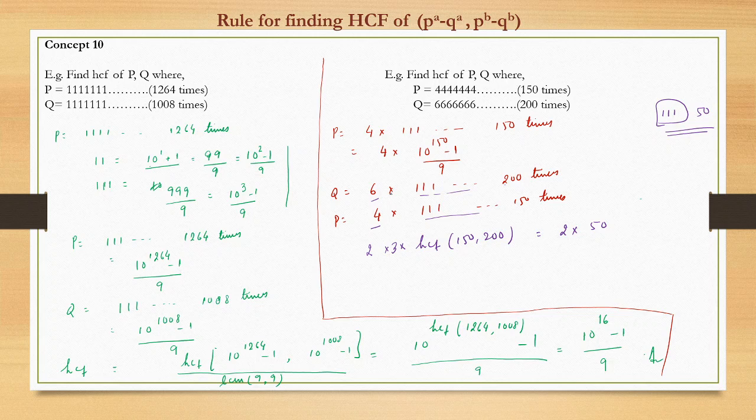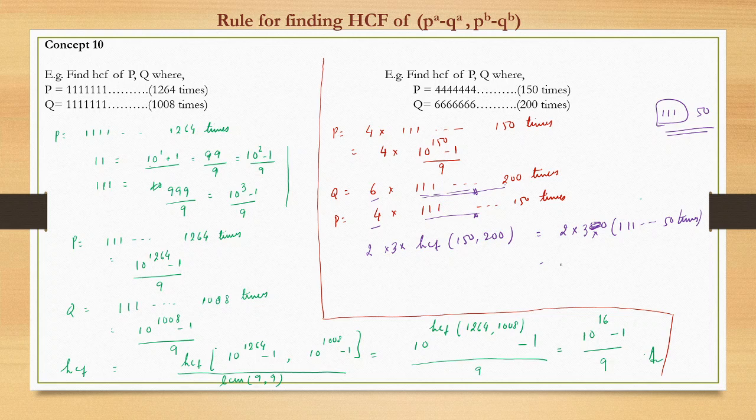So 2 was common, 3 is common between here and here, and between these two numbers, triple one, the factor is 50. The highest common factor is 50, right? So 2 into 3 into 111 written 50 times.